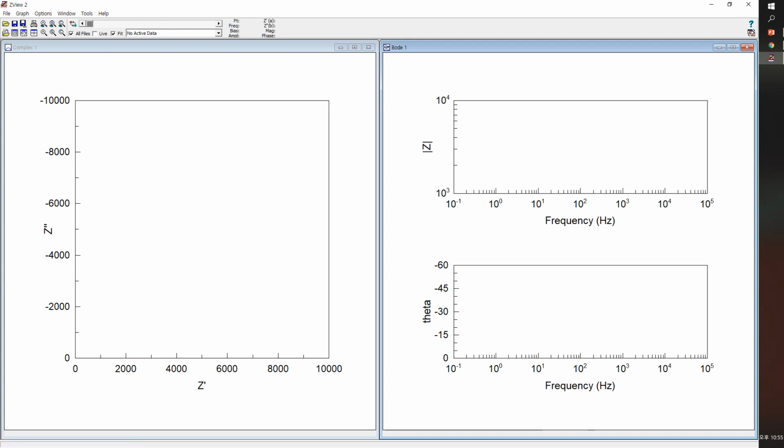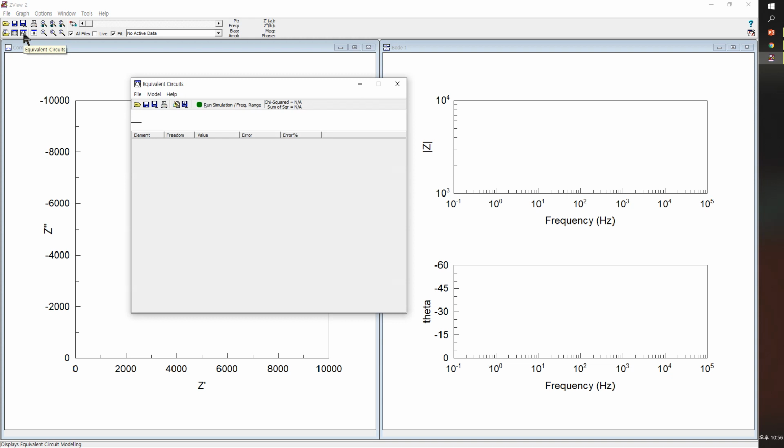So let's go to the menu, and you could find the RC circuit. This is the window for the equivalent circuit models. So just click it, and then you have a new window. In this empty space, I'd like to draw an equivalent circuit model.